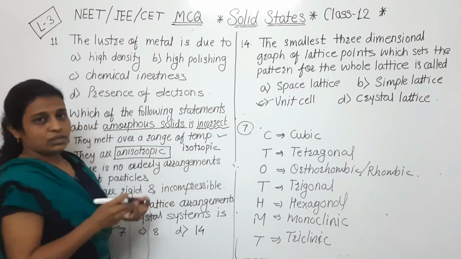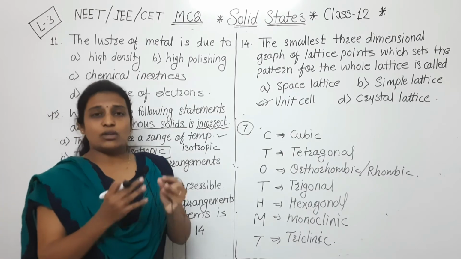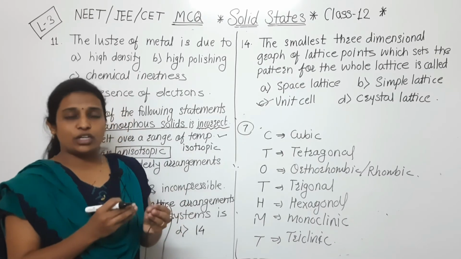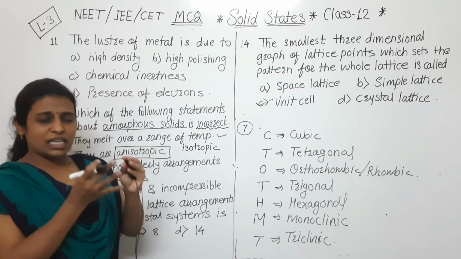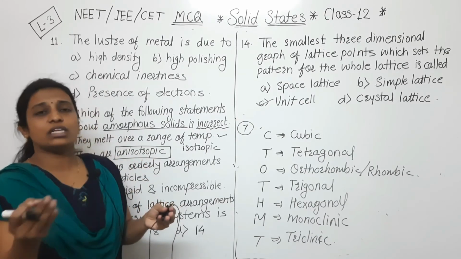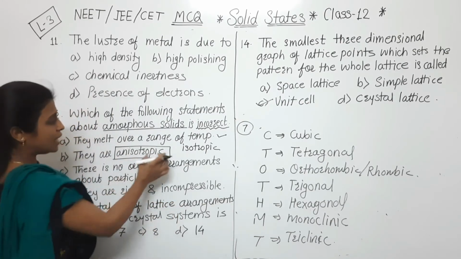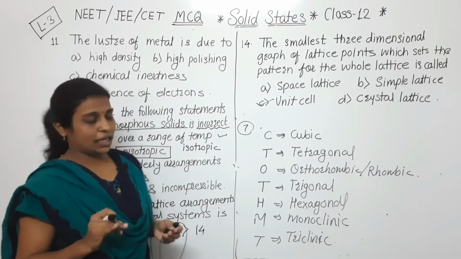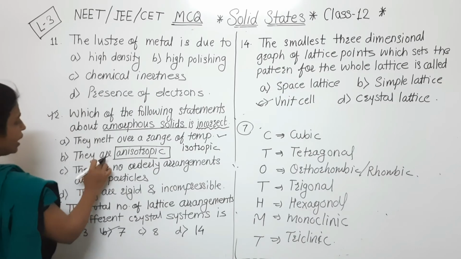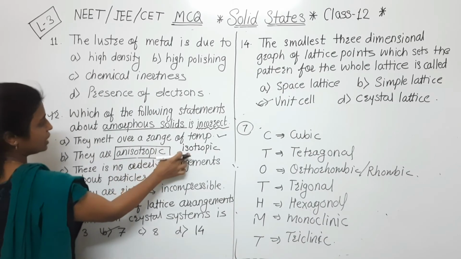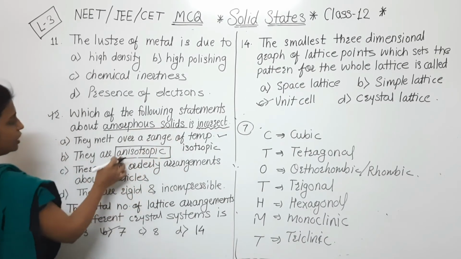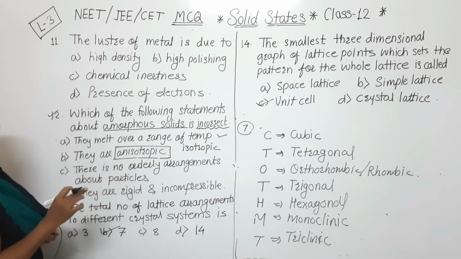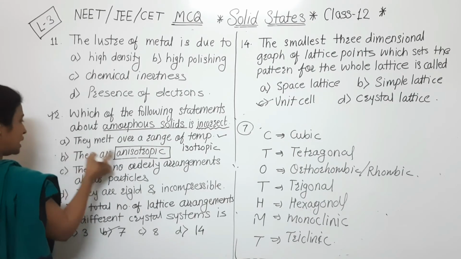These two terms are properties of the substance which measure the physical properties, means they have different physical properties in different directions. So isotropic is the correct word for amorphous solids, but here they have given anisotropic, means this is the incorrect statement.